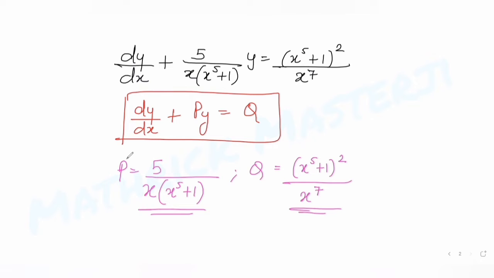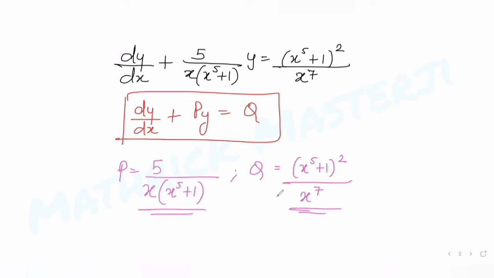Once I have both of them, I can find the integrating factor, which is e raised to integral p dx. That gives me e raised to integral of 5 over x to the power 5 plus 1 dx. From there, I divide by x to the power 6, because the highest power in the denominator is x to the power 6.